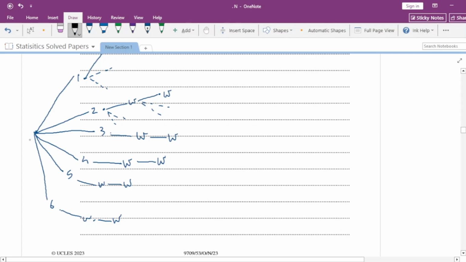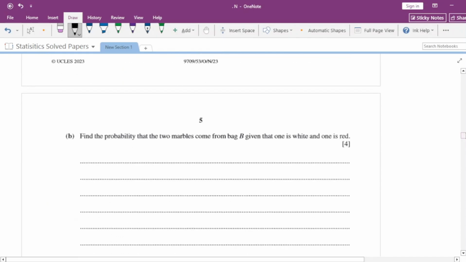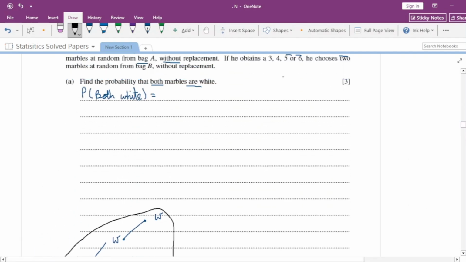But all of these branches will be from bag B, and the upper one would be from bag A. So these branches over here are concerned only with bag A, and the rest of them with bag B.